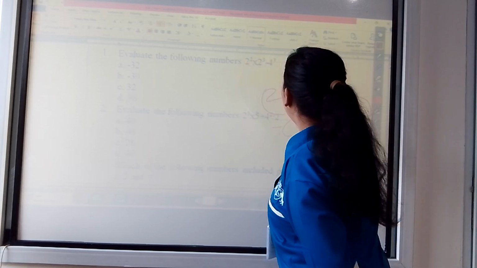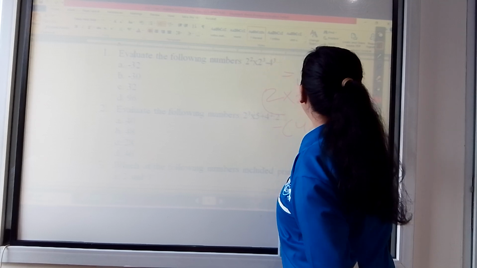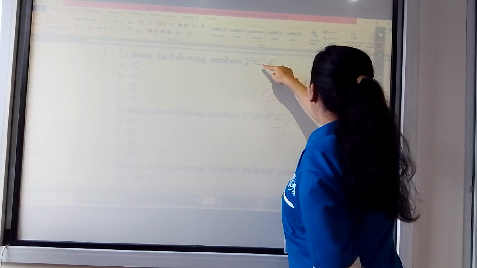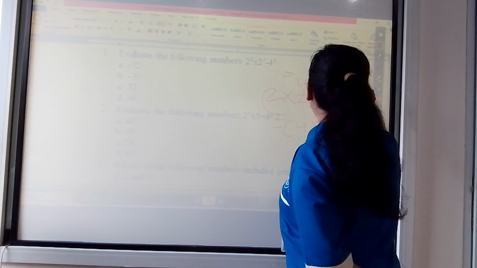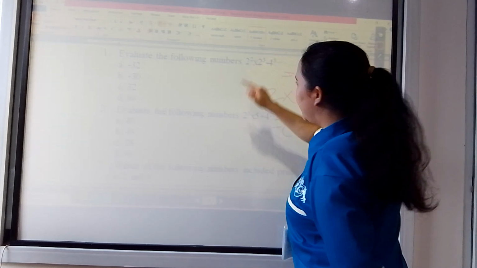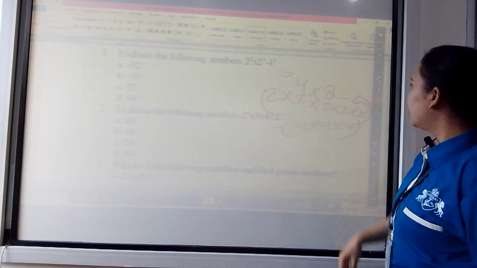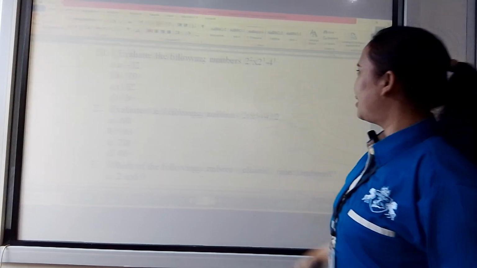So this one equals 4 times 8, and then minus 64. So equals minus 32. Yeah, I see, it's not the same as what I read.